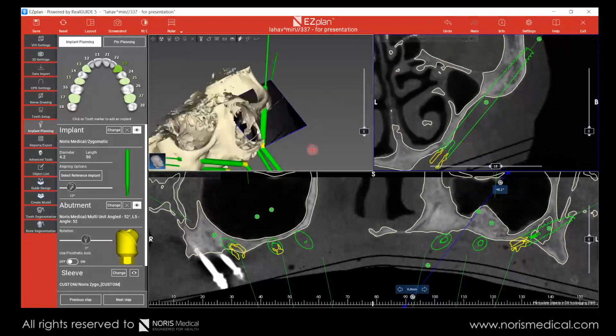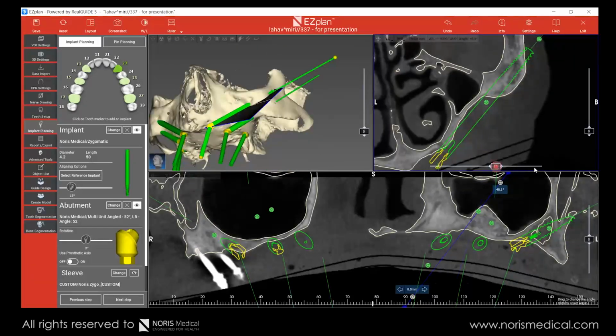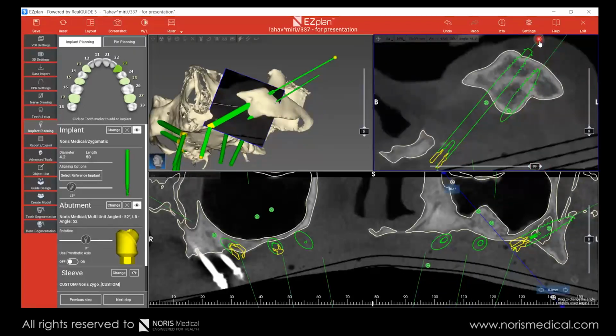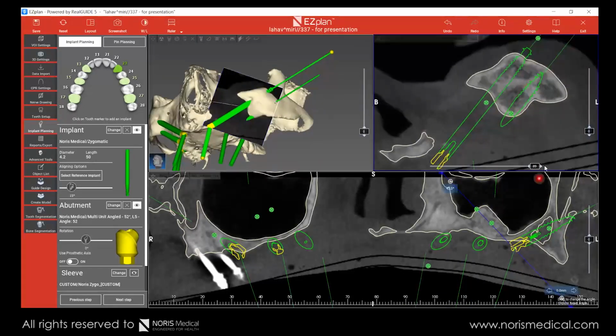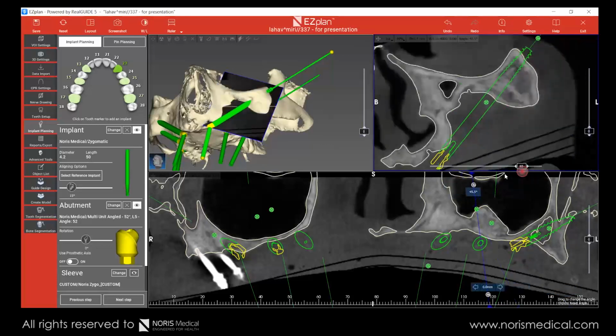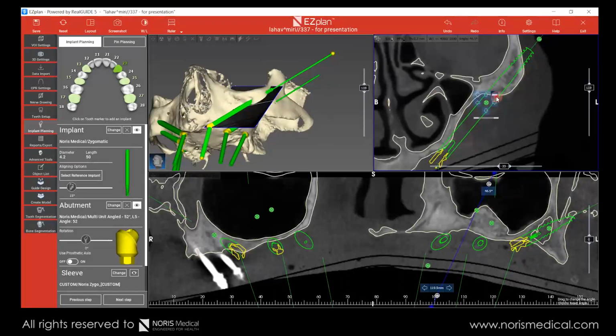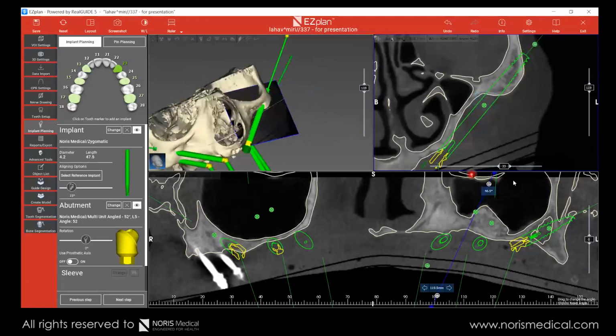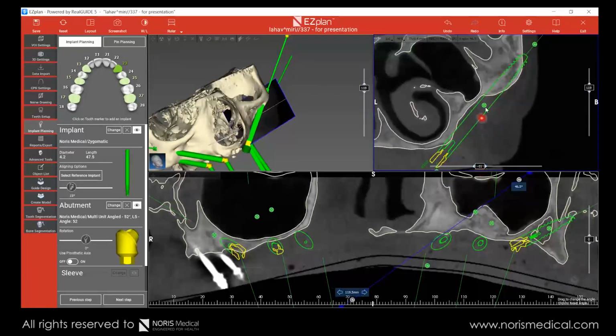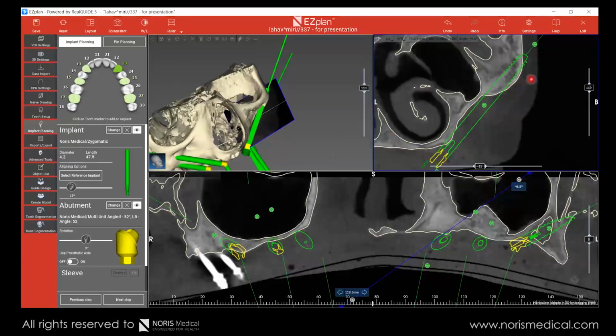Suppose this way, and then take another view this way and lift it up. I'm trying to see if we can position it in a different way. If we position it this way, you see that the implant doesn't lean on the maxilla. That's why you won't have the implant further in like that.